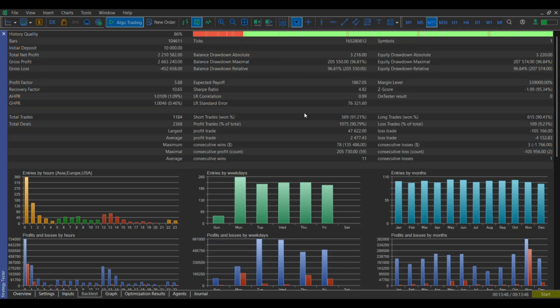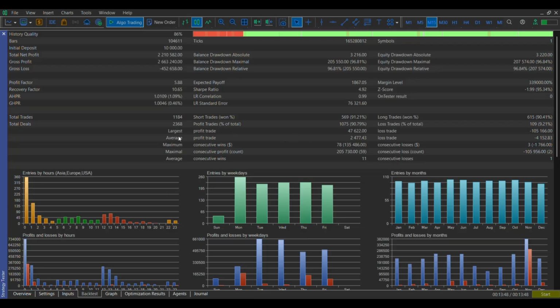As you can see here, in a full 5-year duration, the bot has given a 90.79% win rate, which is exceptional. The largest profit was 47K.